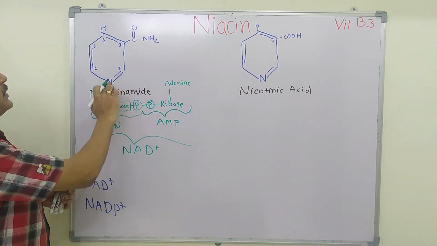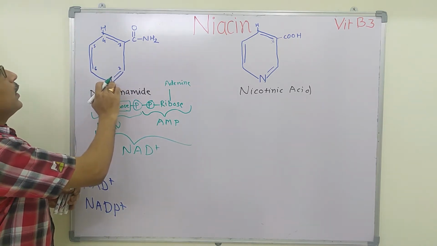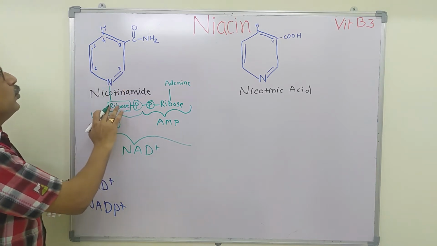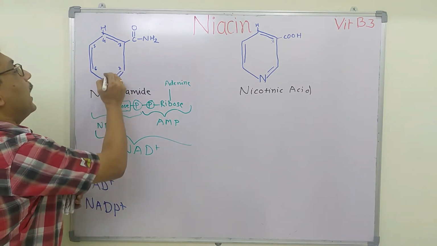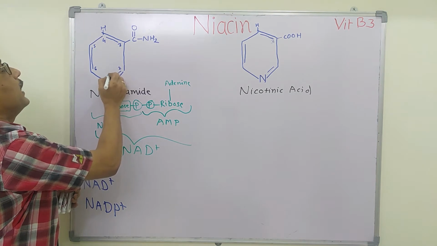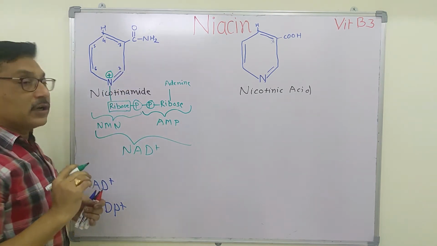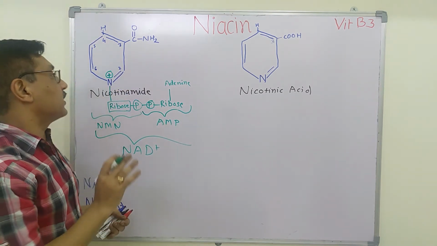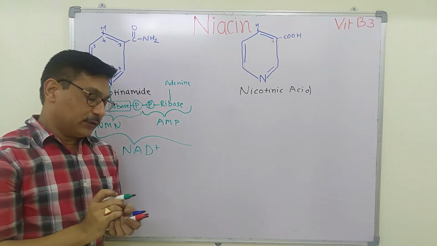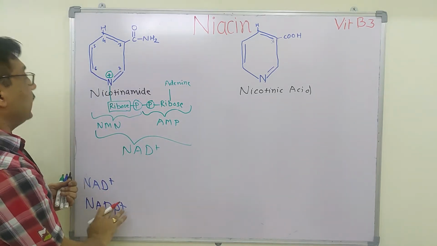During bond formation, the N of this ring is attached to C1 of this ribose, and nitrogen is in quaternary structure and it bears a positive charge. There are 4 bonds of nitrogen. We write NAD plus or NADP plus.